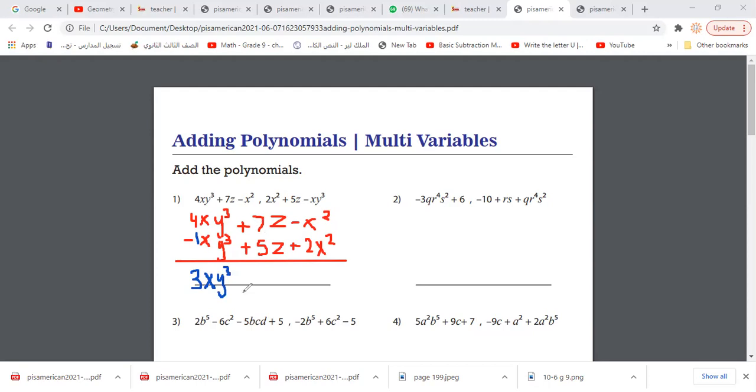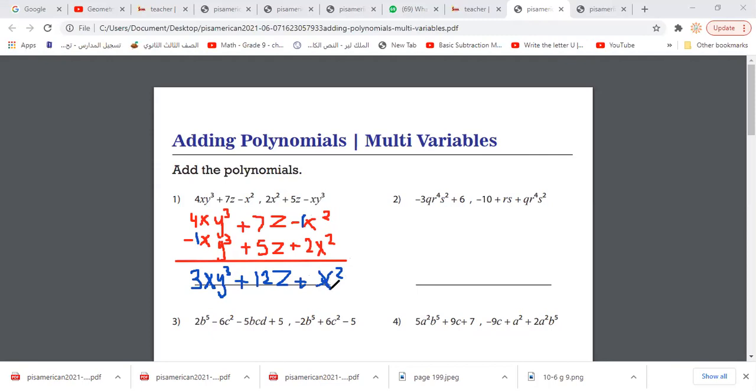Next, 7 plus 5 equals 12, and then only drop down the variable, which is z. Then negative 1 plus 2 equals 1, and I will drop down the variable x to the power of 2.